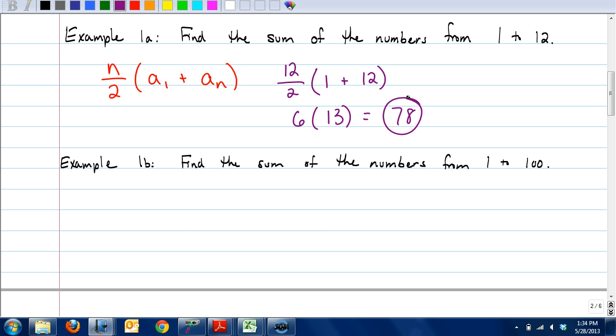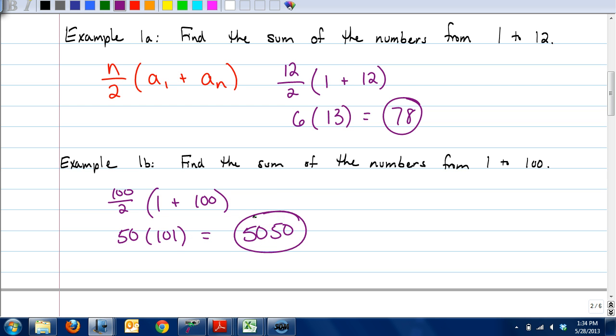He realized, if I add the first number plus the last number together, and if I divide the number of terms, 100 numbers, by 2, that would give him 50. So if he multiplied those together, he realized that you would end up getting 5,050.